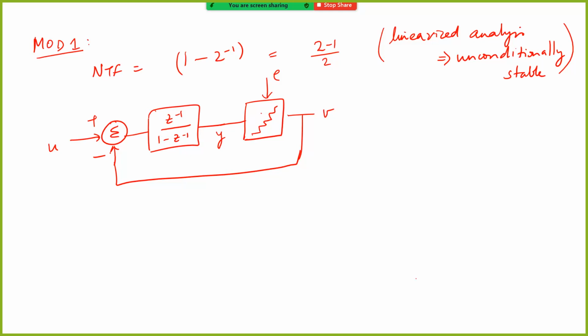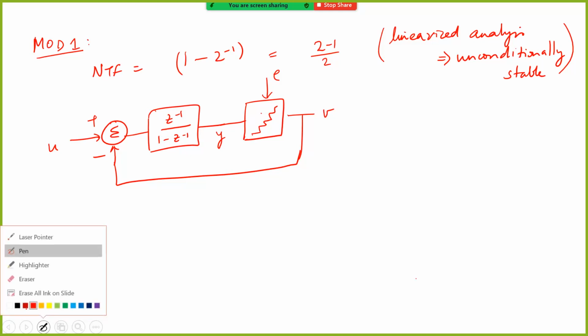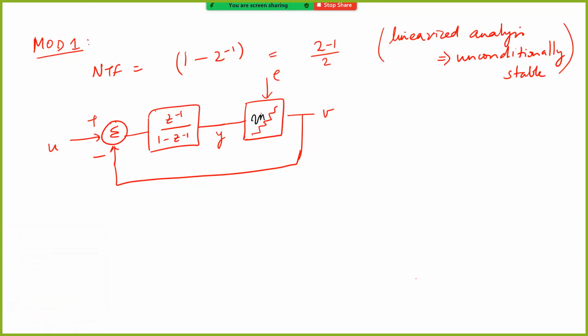And to a large extent it is true. As long as the signal is going to be in this region, the A to D plus D to A conversion with an additive error is fairly okay. I mean, it's not a very bad assumption, it's not a very bad approximation, right? It is fine. So that is why we go through this linearized analysis, and we say that this particular first order loop is unconditionally stable.